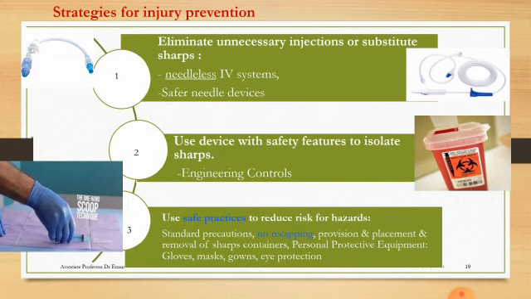First, eliminate unnecessary injections or substitute sharps. Always eliminate the injections which are unnecessary, and we should substitute sharps by using other systems which are safer. For example, use needleless IV systems or safer needle devices.